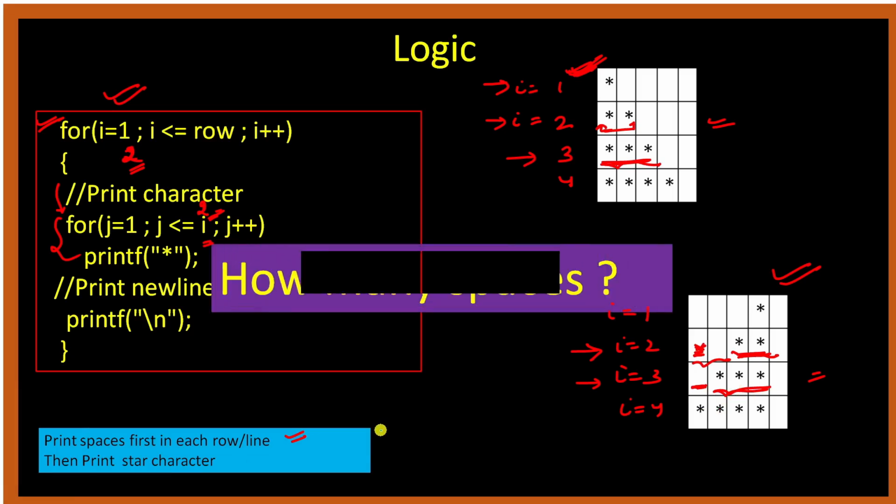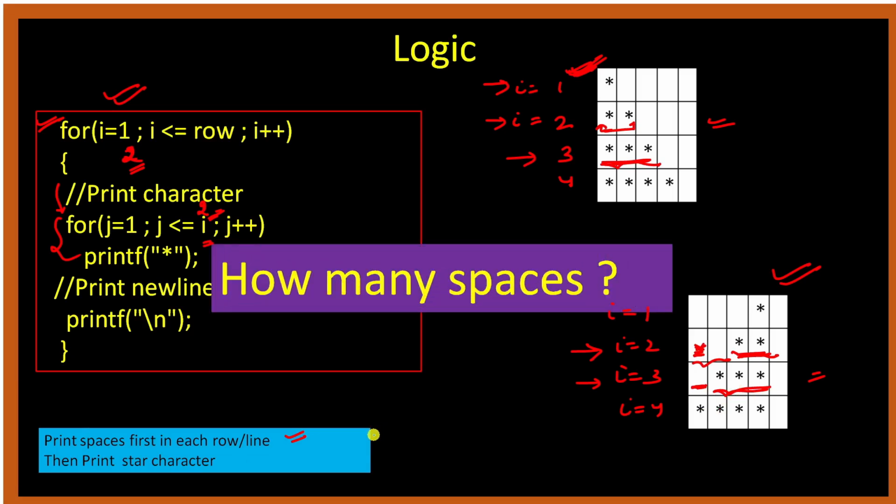But the question is, how many spaces should I print? In each row, here 3 stars, then 2 stars, then 1 star. But how will we handle this in the program? So I think you have got the idea of the question. In each row, you have to take care of 2 things: spaces and then characters, and their counting also.